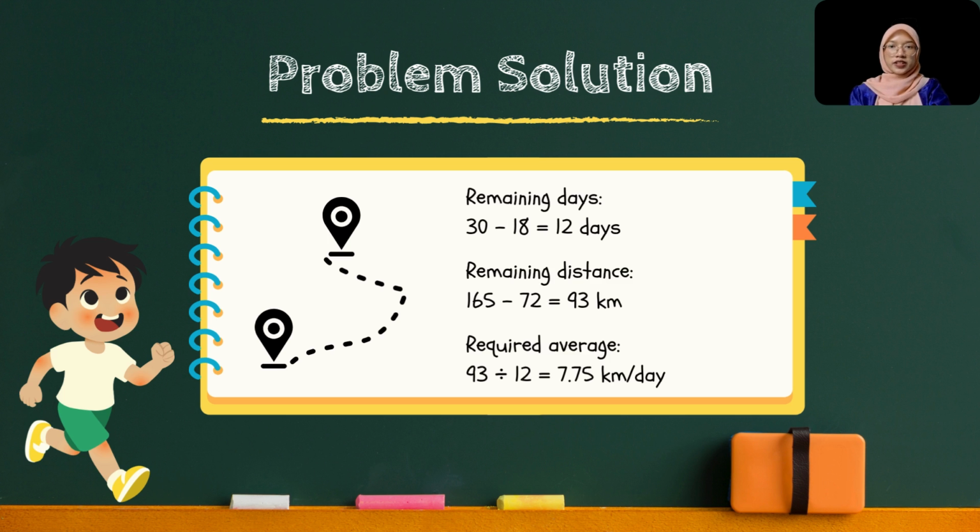And the required average for the last 12 days is 93 divided by 12, which we got 7.75 kilometers per day. This means that to reach his target, Amir must now walk 7.75 kilometers every single day for the rest of the month.